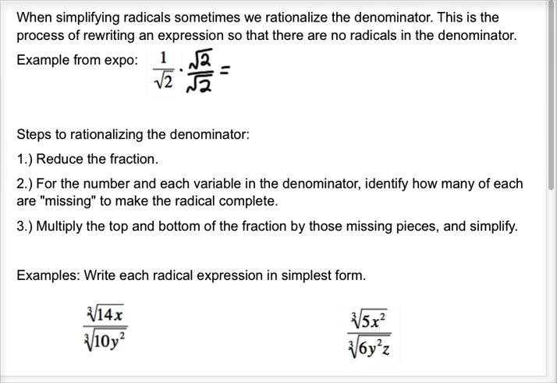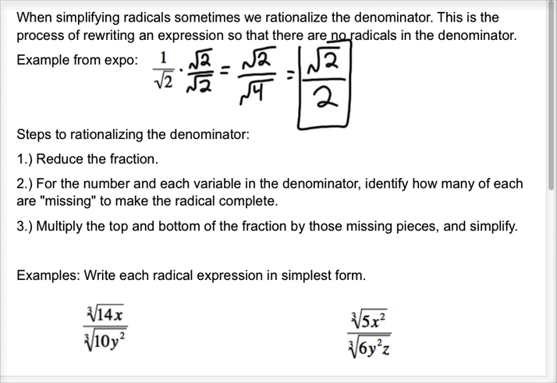So you multiply top and bottom by it because that means you're getting the square root of 2 over the square root of 4. And again, the square root of 4, we know that's 2. So now realize that got rid of a radical in the denominator.